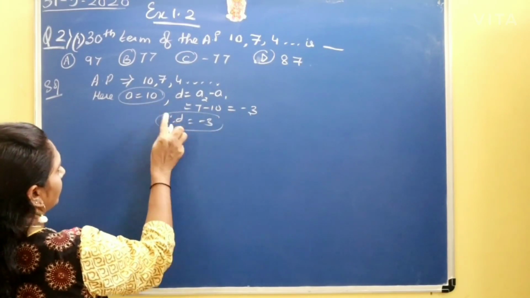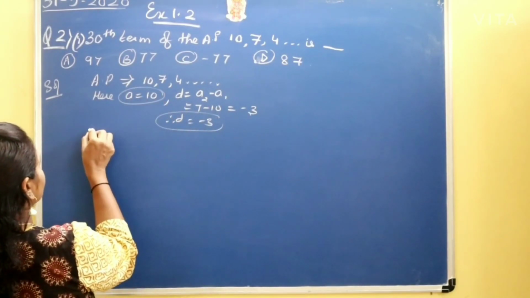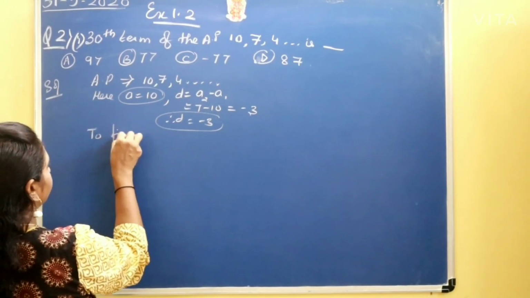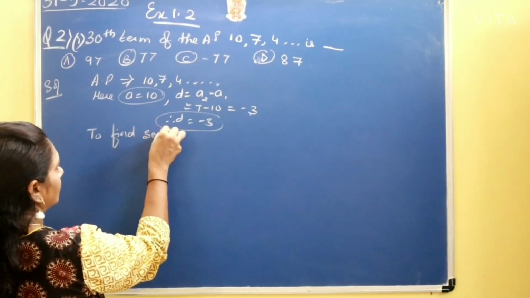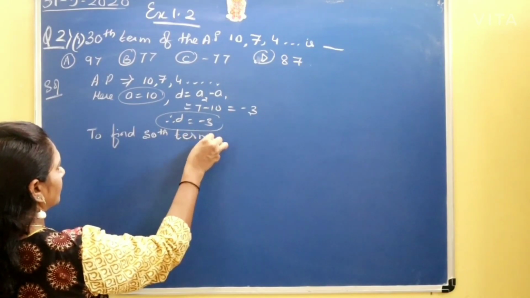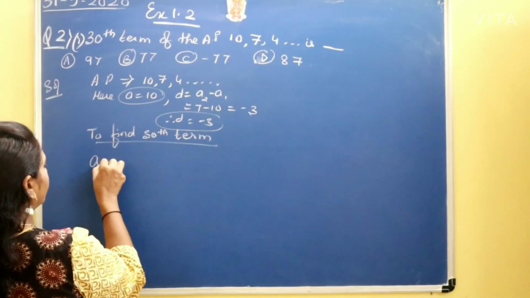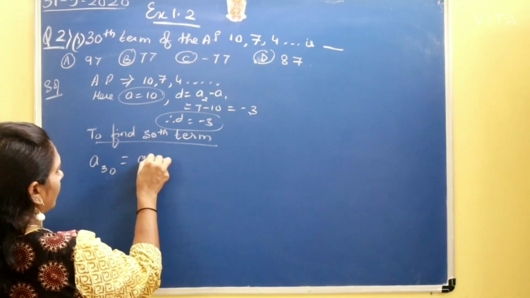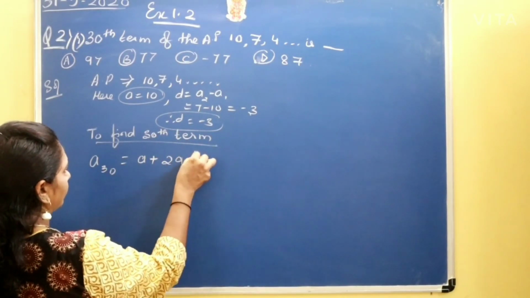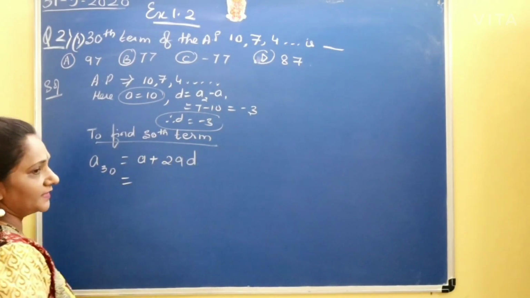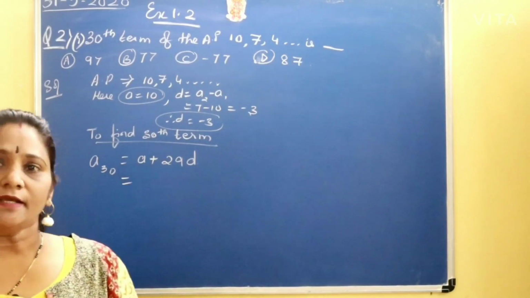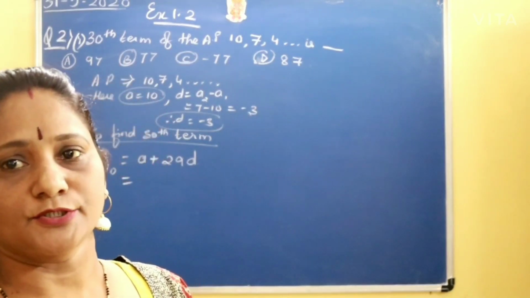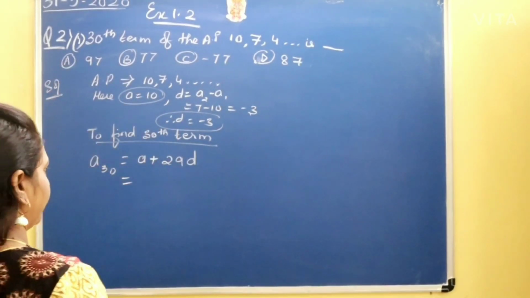We have A equal to 10, D equal to minus 3. So to find the 30th term, what do you do? A30 is equal to A plus 29D. You have A30 is equal to A plus 29D, or you can use AN is equal to A plus N minus 1 into D.